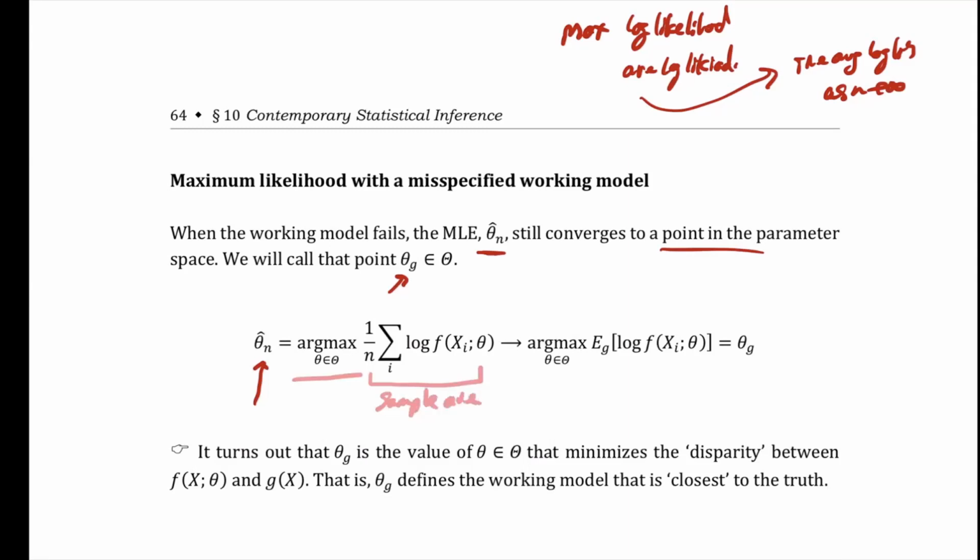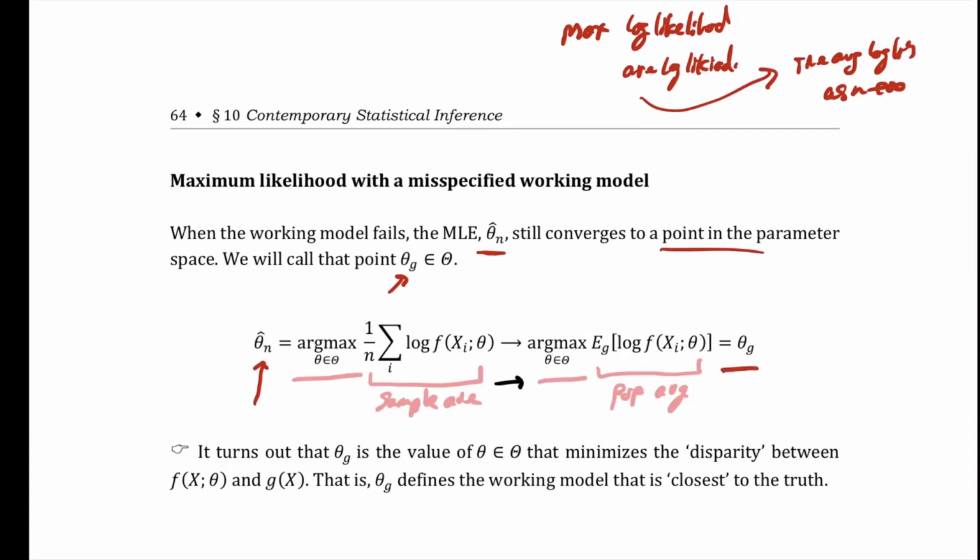And this thing converges to, again, the theta that maximizes, but now it's the population average. And I'm just defining that to be theta G.